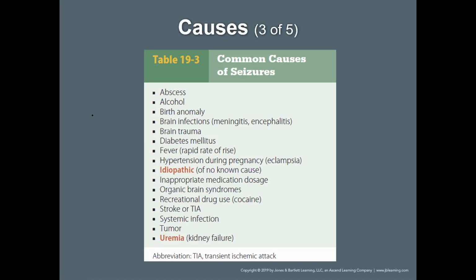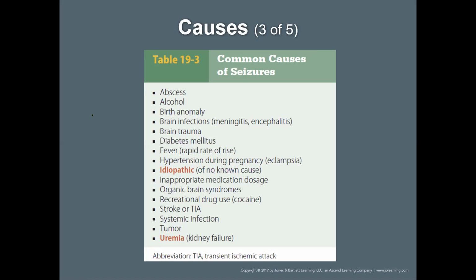So maybe the medications that they're taking, maybe they took too much, maybe it was overdosed accidentally or unintentionally, whatever. Organic brain syndromes, things like Parkinson's, Alzheimer's, recreational drug use, strokes, TIAs, sepsis, systemic infections, tumors, and kidney failure, because our kidneys kind of filter out everything in our body.